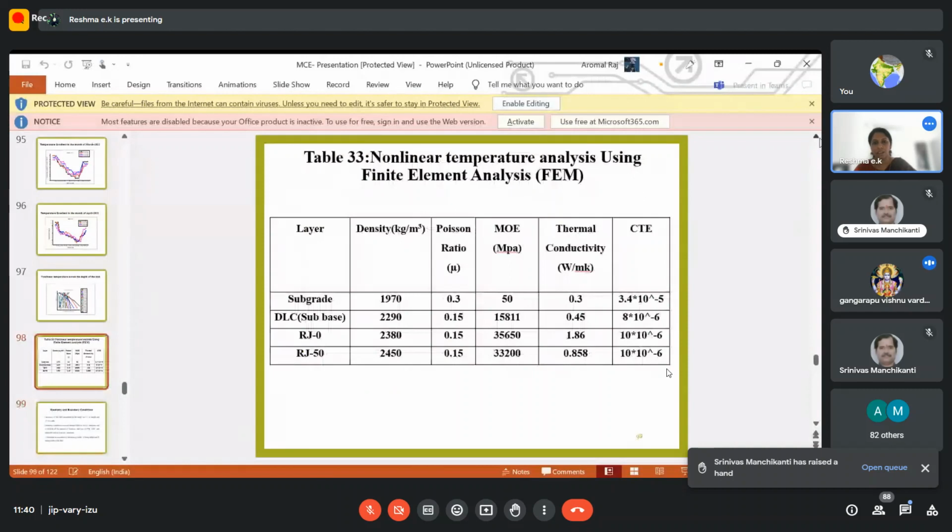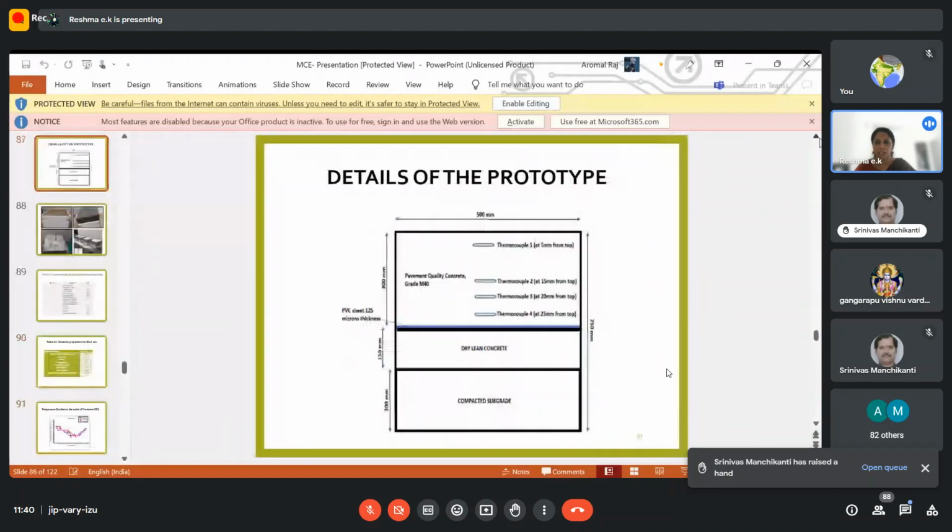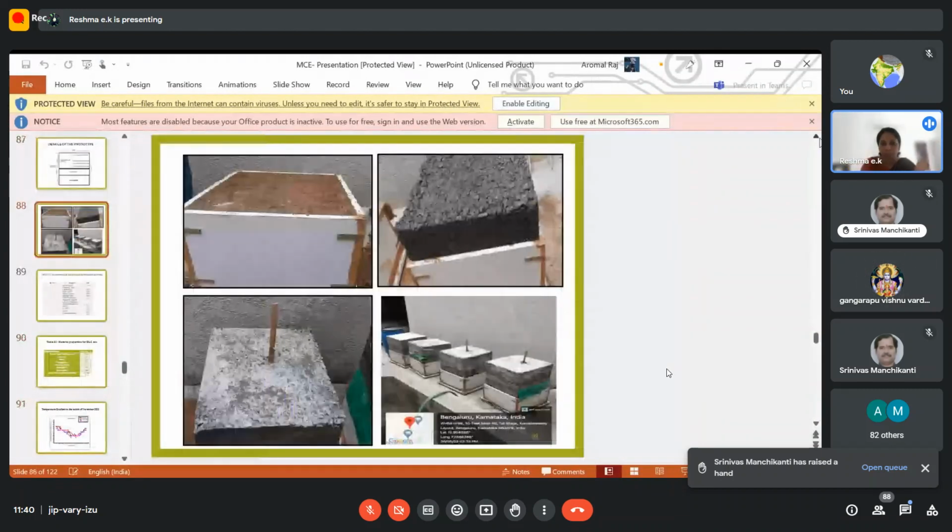And one more thing, according to the boundary conditions I have given, all the sides of the PQC should be covered with some material so that the heat will not penetrate from the sides. Only from the top it will penetrate, so that we can simulate the ANSYS results and the field conditions.